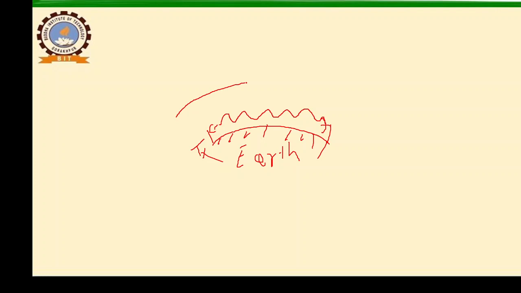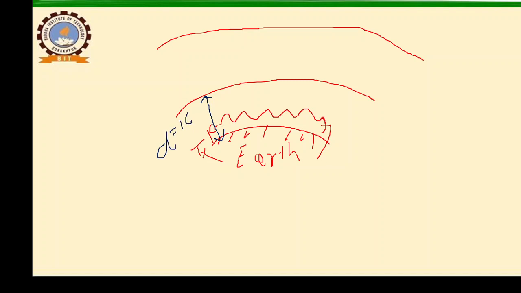But in the atmospheric environment, there are certain layers present in this earth environment. Above the surface of the earth, at a distance of around 16 kilometers, there is one layer. That layer is known as the tropospheric layer.